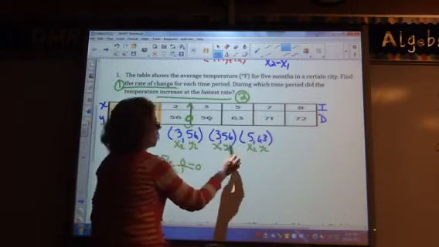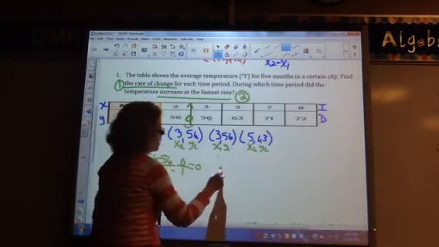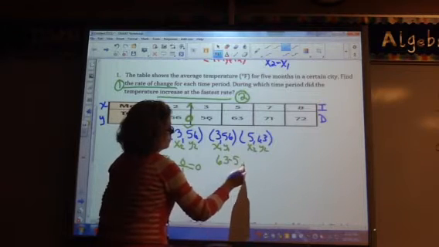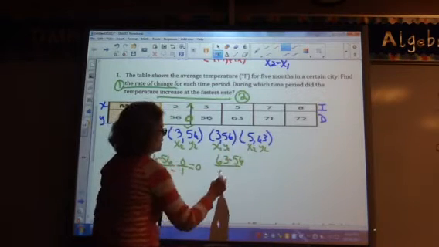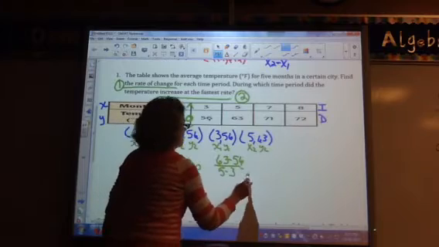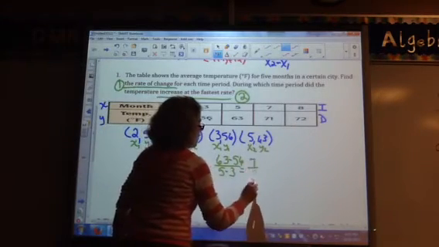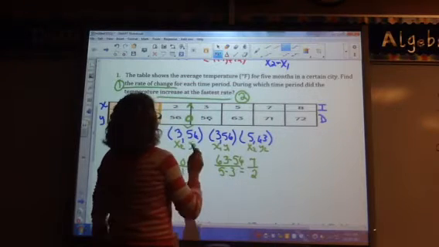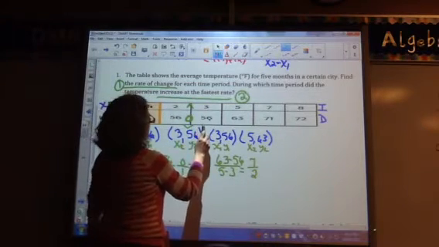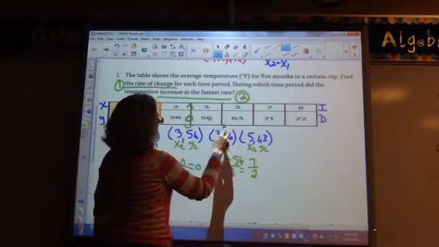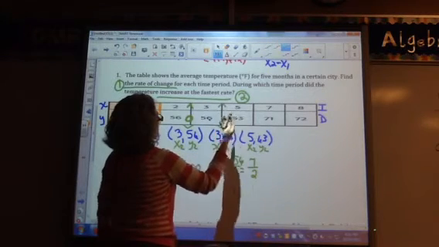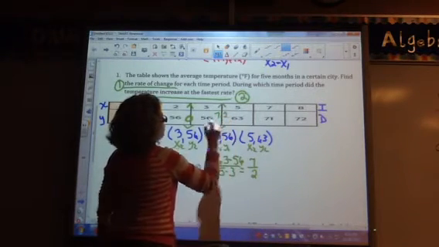Find the difference of your y value, y2 minus y1, x2 minus x1. So when I do that, I get 7 over 2. So from this month to this month, I get 7/2.